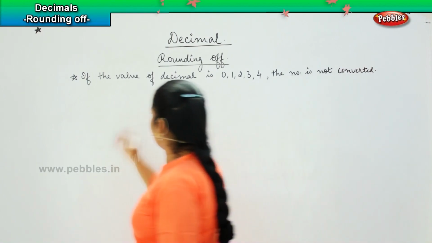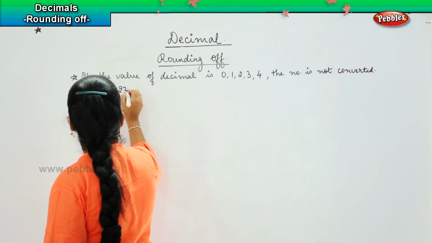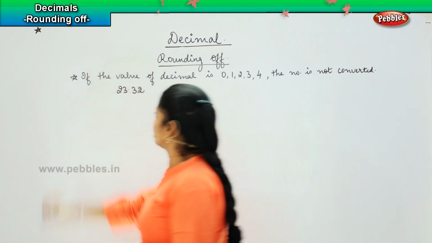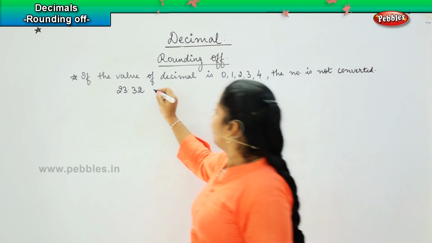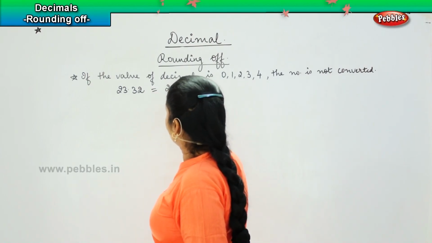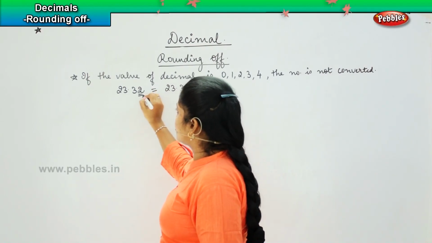For example, if I write 23.32, it will be written as 23.3 only because this 2 is lesser than 5, right?